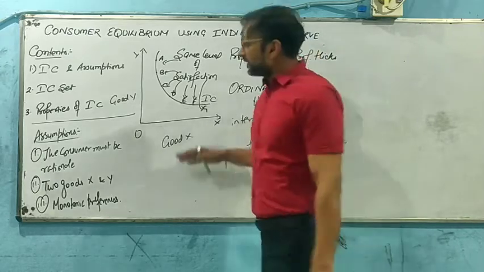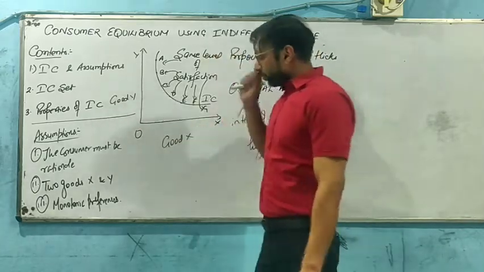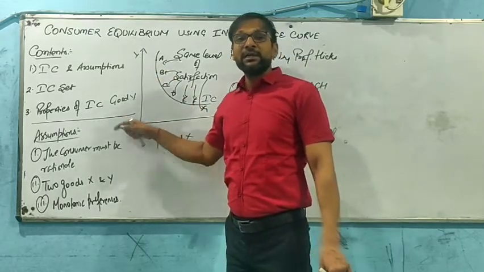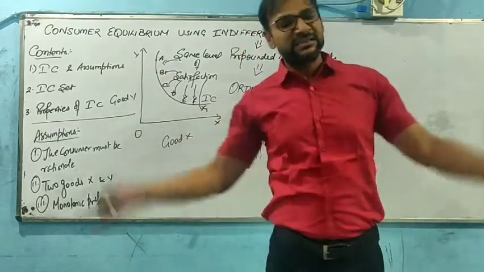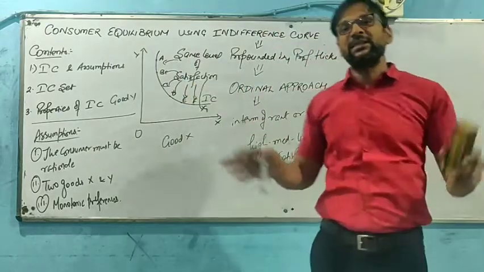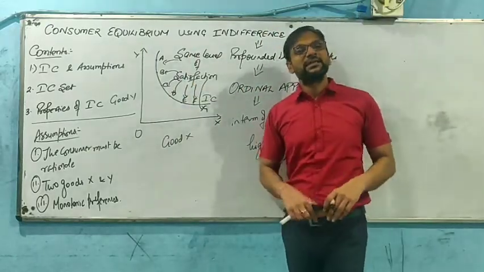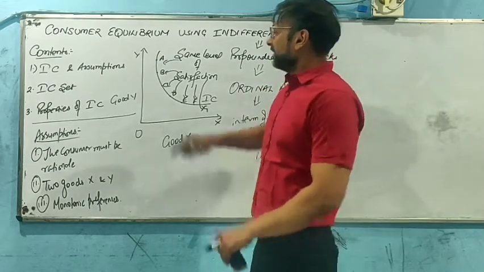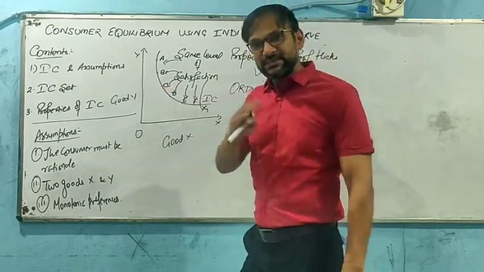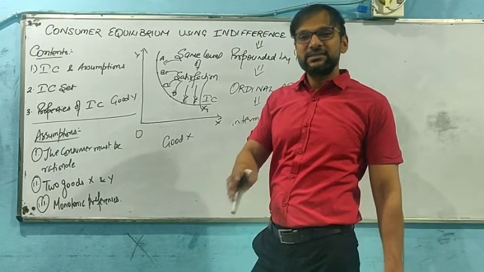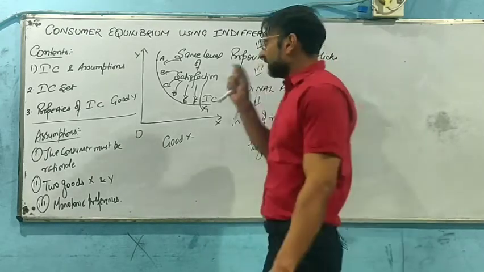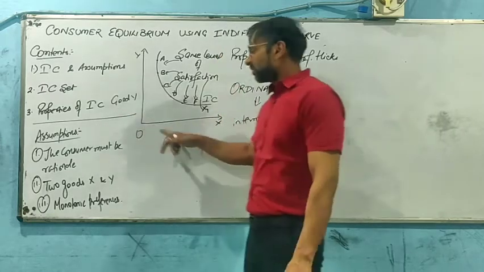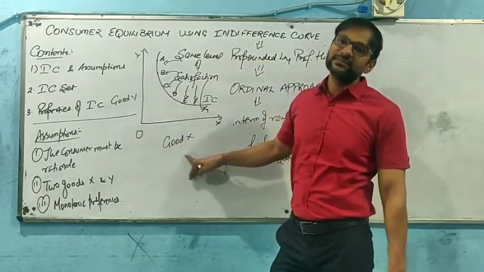If he wants to consume more units of good X, he needs to sacrifice units of good Y. He cannot purchase both the goods simultaneously, since his level of income is limited and has not increased. So if the income is given, constant and limited, he must sacrifice some units of Y in order to gain more units of X.